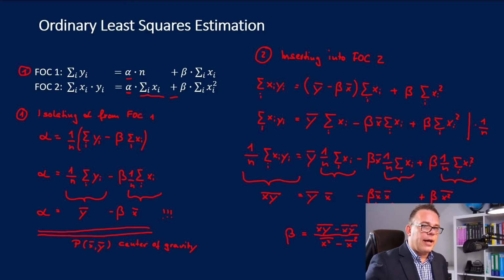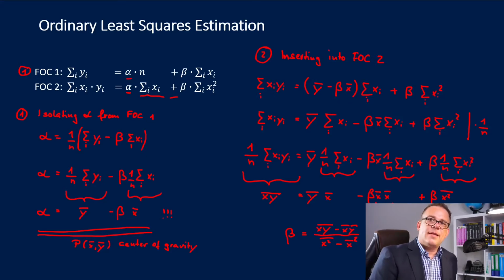We now have the covariance between x and epsilon, and we have the variance s squared of x. So this is the covariance of x and epsilon, divided by the variance of x.